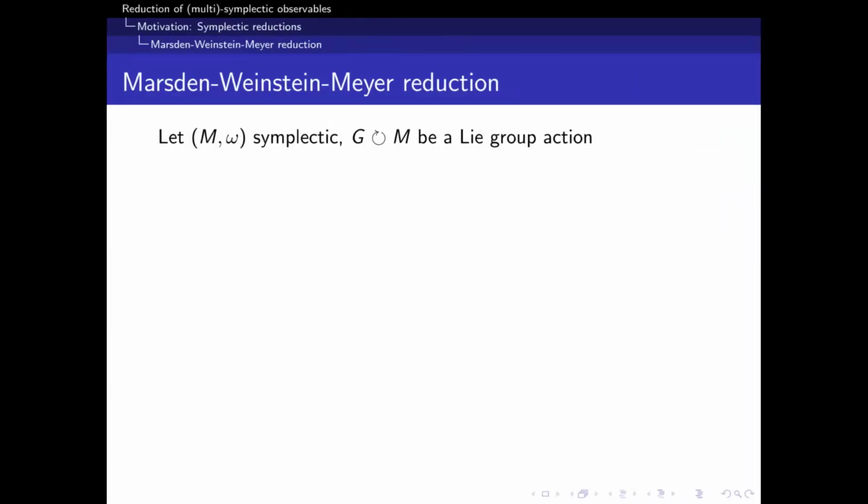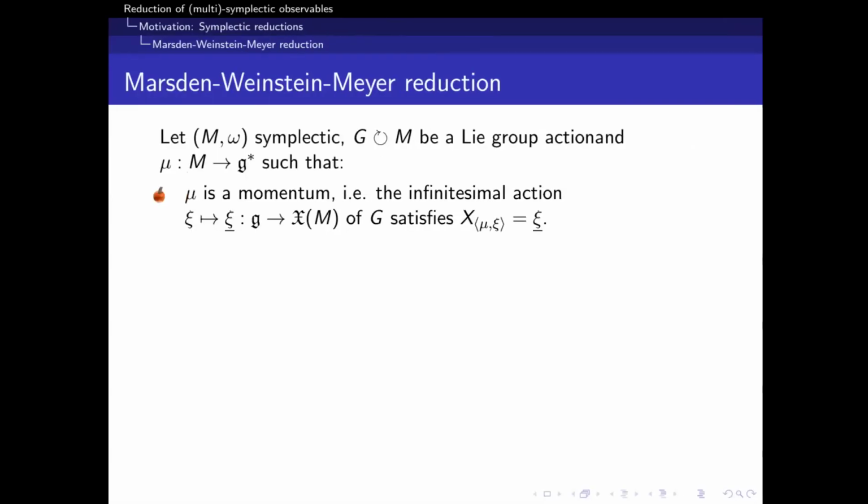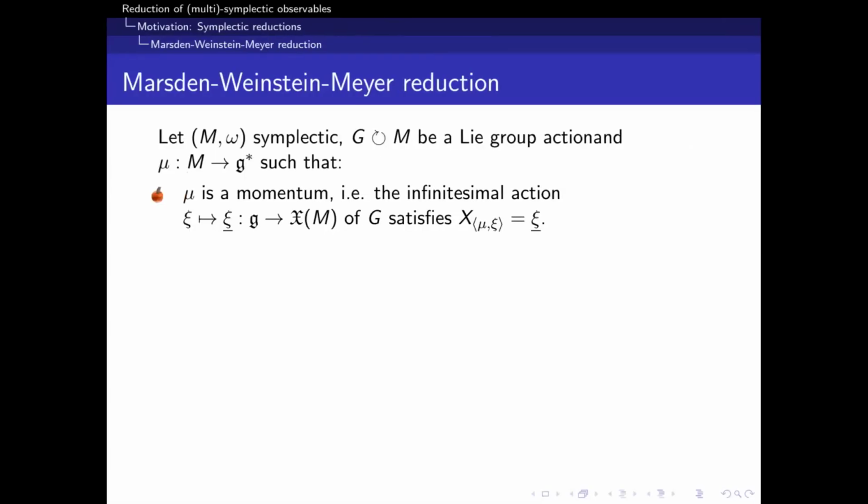Okay, now we get to the archetype theorem for reductions, on which a lot of reduction intuitions are based. We take a symplectic manifold, we take a Lie group acting on it, and we also take a moment map, so a map mu from the manifold to the dual of the Lie algebra of the Lie group which is acting, such that mu is a momentum map, meaning that the function which we get from any Lie algebra element by using mu has as its Hamiltonian vector field the infinitesimal generator of the action.